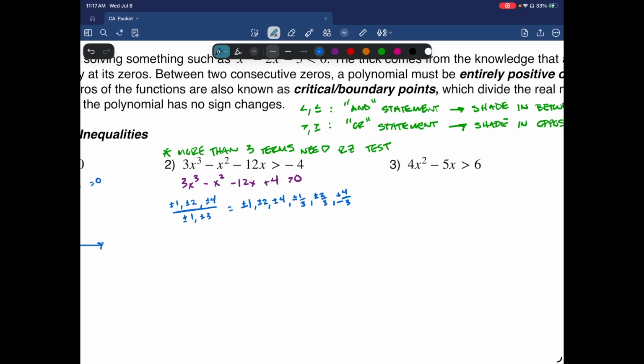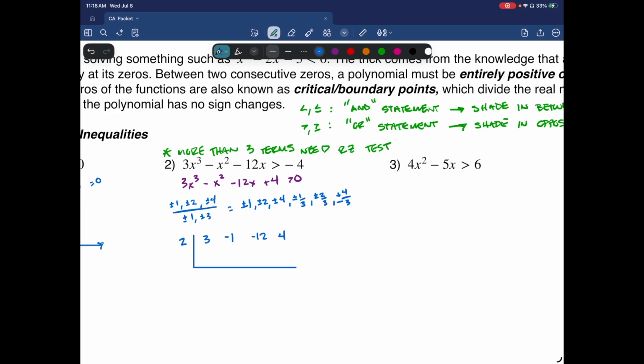Now, do you need all of them? Absolutely not. You just need to find the first one that gives you a 0, and that will get you off to the races. I know that positive 2 is going to be a 0, so let's do that. I'm going to go ahead and do the work because I need to know what all the coefficients are. So this is going to be 3, -1, -12, and 4.